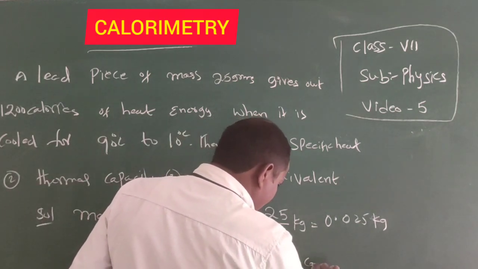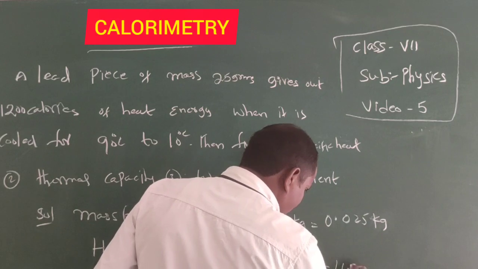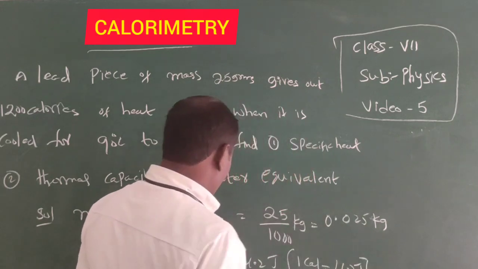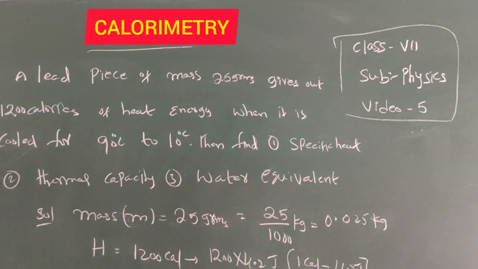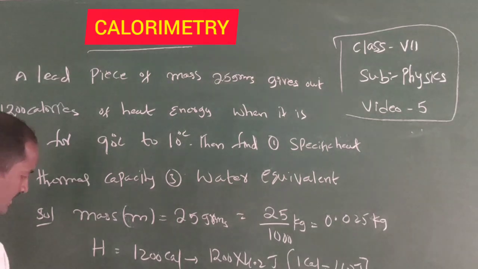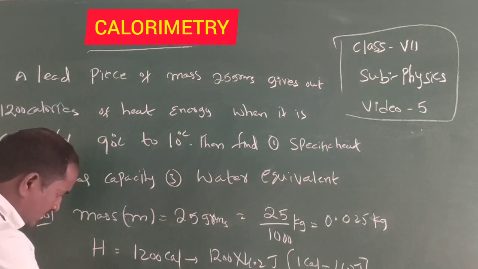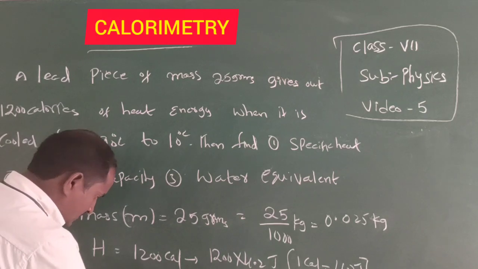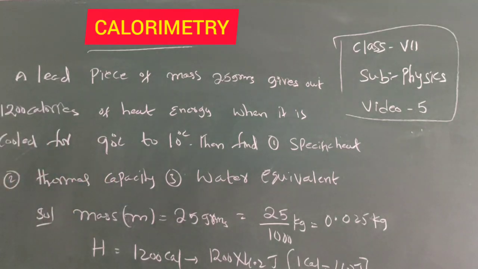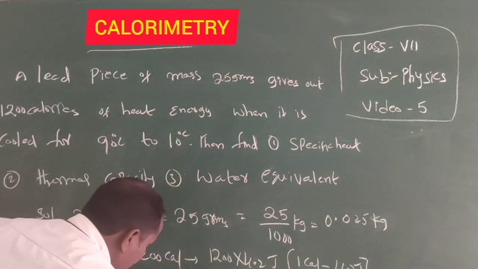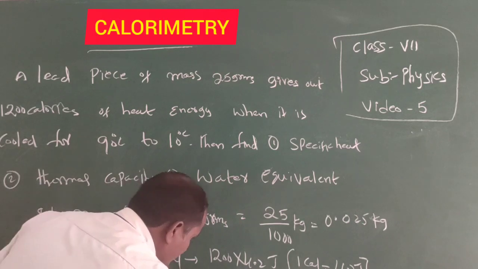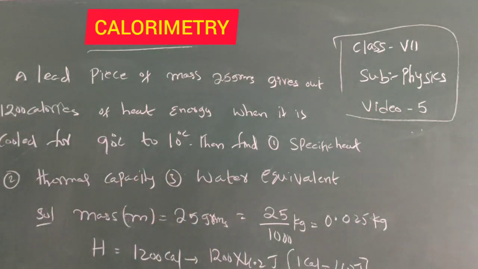Now the change in temperature delta T or theta equals 90 minus 10 degrees Celsius, which equals 80 degrees Celsius.